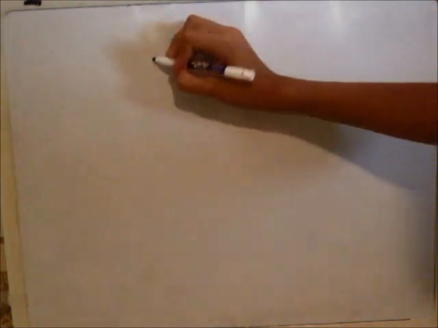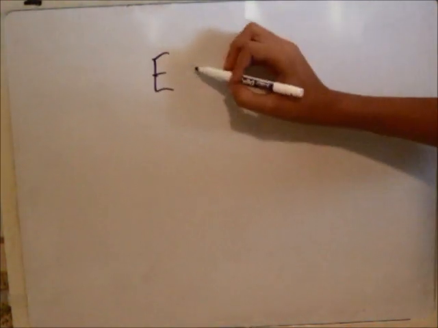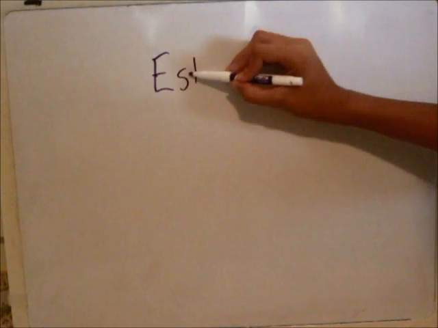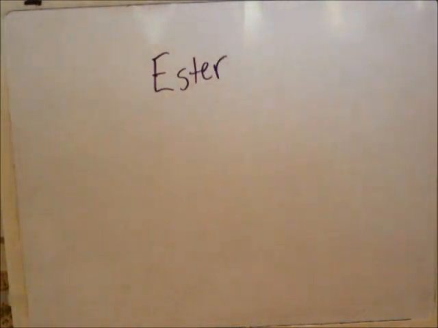Okay, so I'm not really going to tell you how to draw or name esters. It's pretty complicated and there's not a huge structure. I didn't have to know it in school, and hopefully you won't either. But you definitely need to be able to determine that something is an ester.